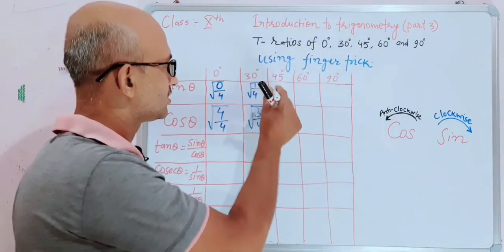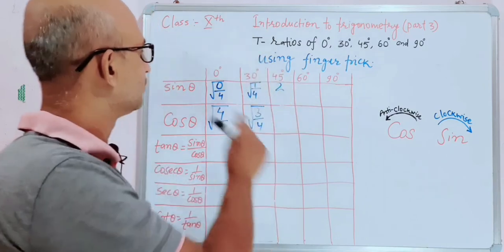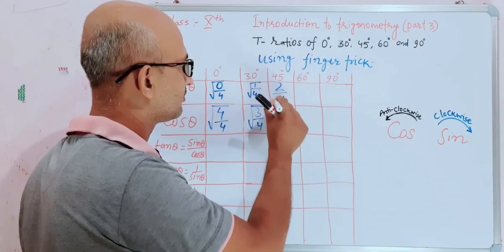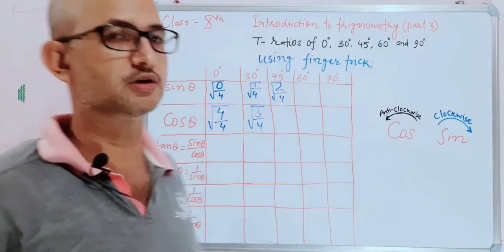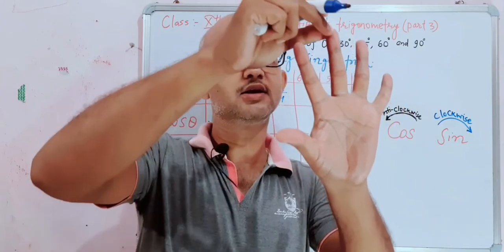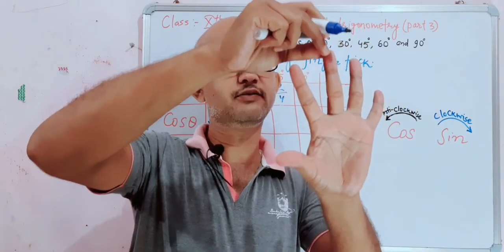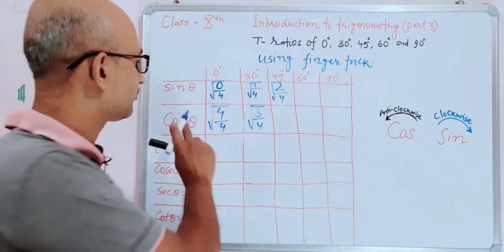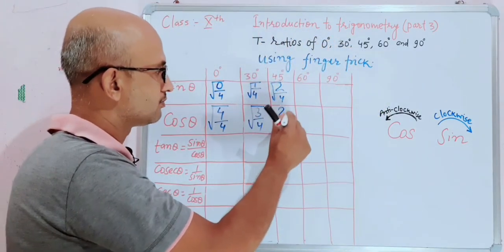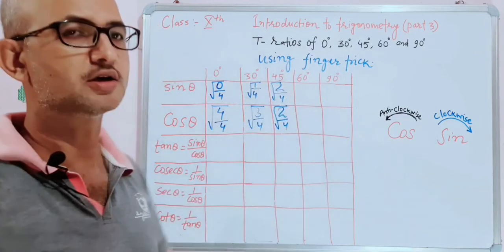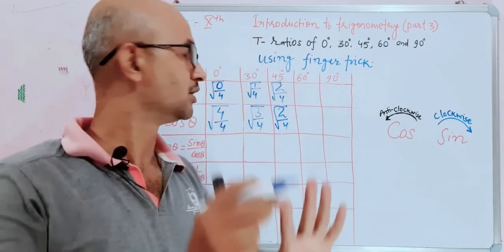Therefore, we take here 2 in the column of sine of 45 degree, and again we divide it by 4 and put a square root over it. Also, there are 2 fingers in the anti-clockwise direction of this 45 degree finger. Therefore, in the column of cos of 45 degree, we take 2 and divide it by 4 and put again a square root over it.